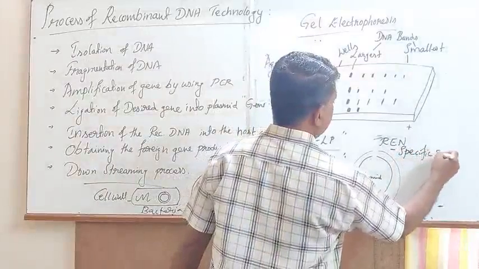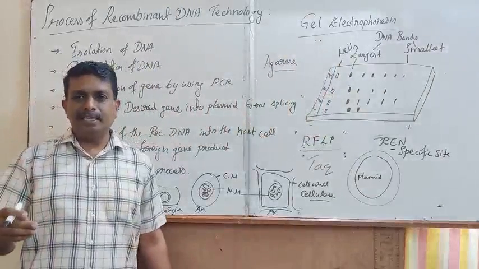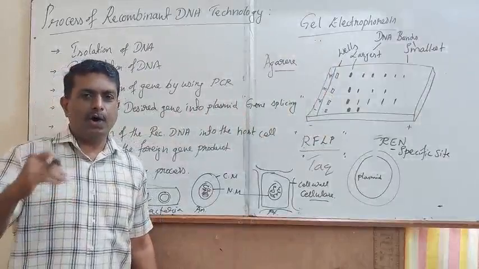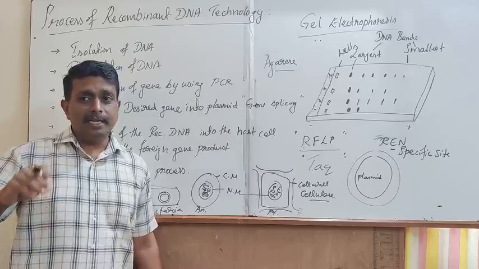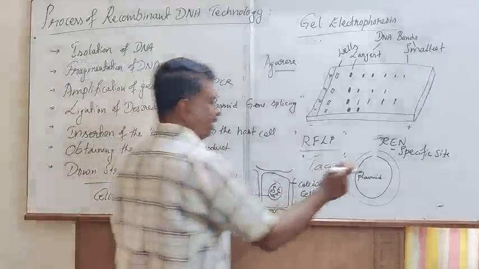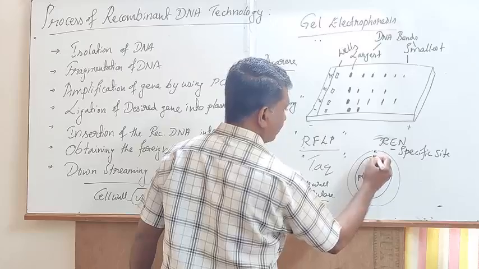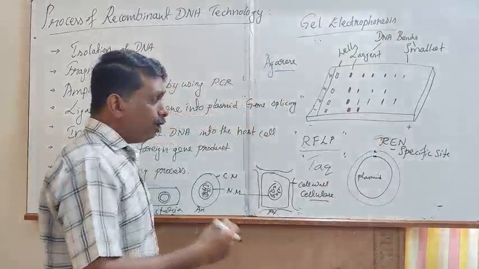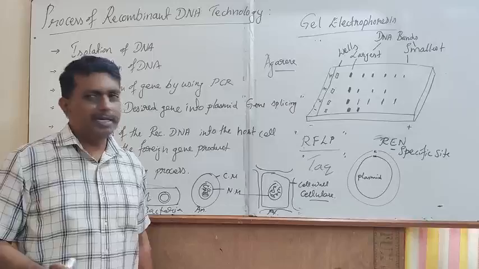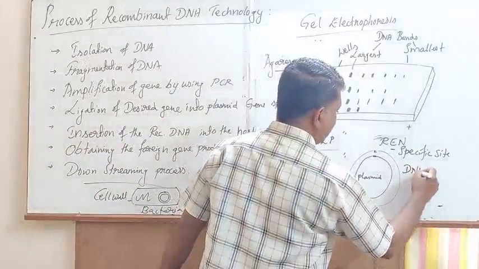The obtained desired DNA or gene containing sticky ends is inserted into the plasmid. In order to form the phosphodiester bond, it is treated with DNA ligase enzyme.